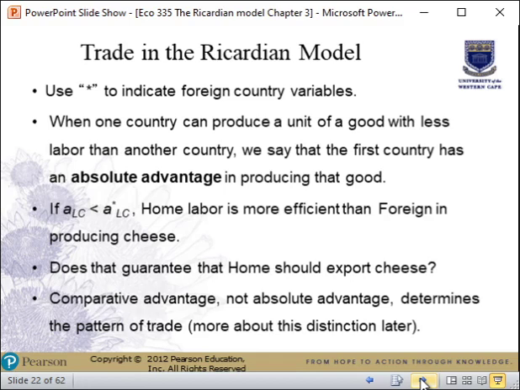In our model, absolute advantage occurs when there is a difference between the unit labor requirement of home and that of the foreign country in the production of the same good.